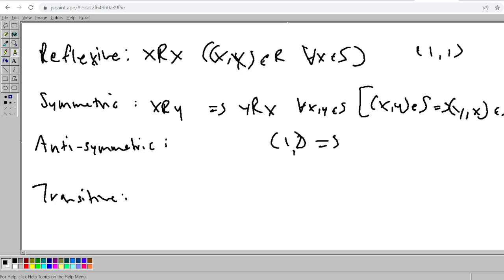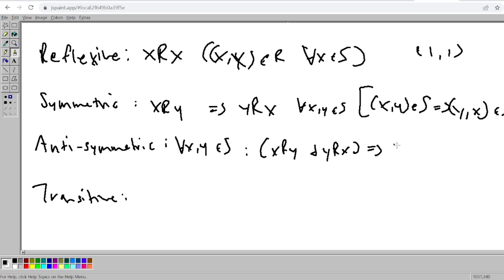Let's delete that. And then anti-symmetric is kind of weird. It's basically saying, and we start with a clarifying statement: for all x, y in S, x relates to y and y relates to x implies, only when x is equal to y.